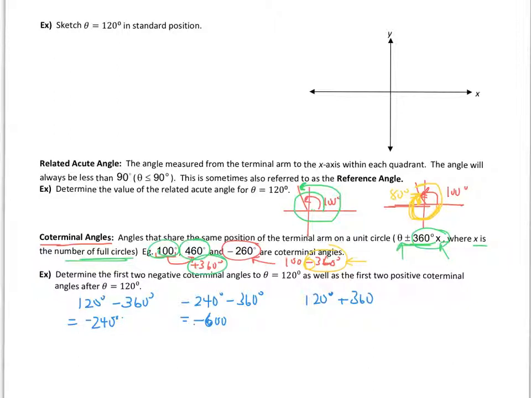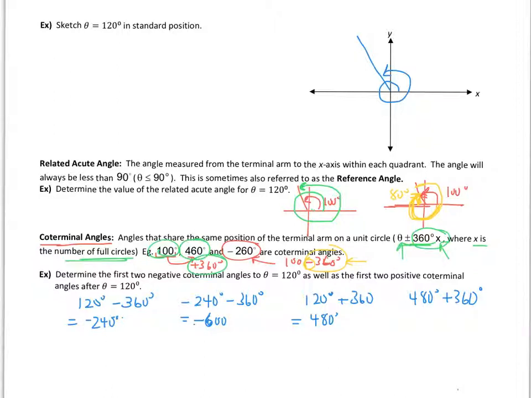This time I'm at my 120 that I was at before, but if I add 360, it means I'm going around one full time and then stopping. That gives me 480 degrees. And then I could also add another 360 to that 480. So I'm really going around twice.